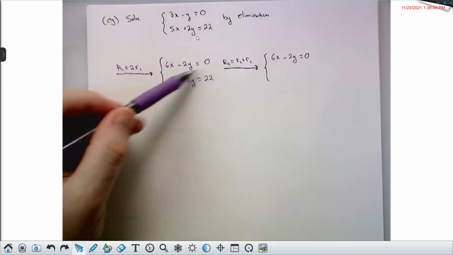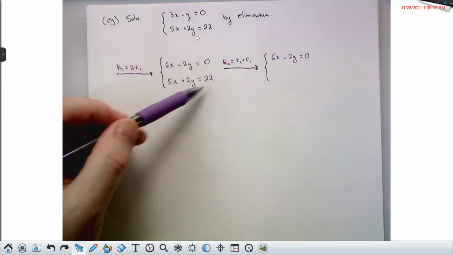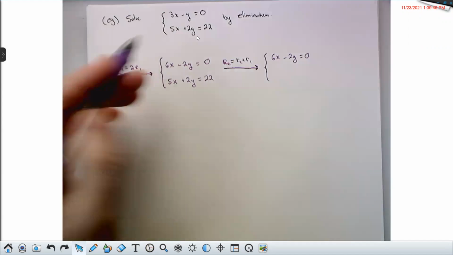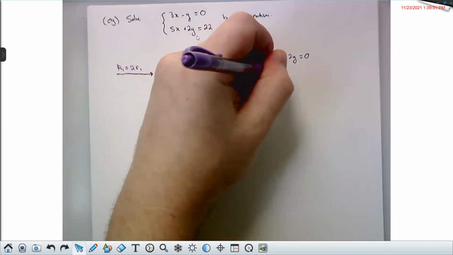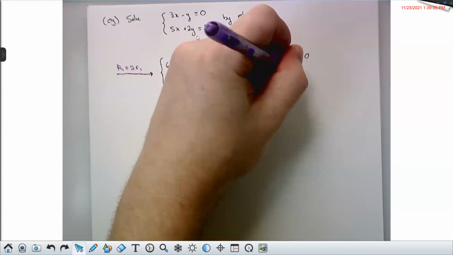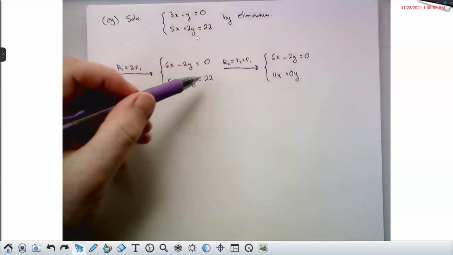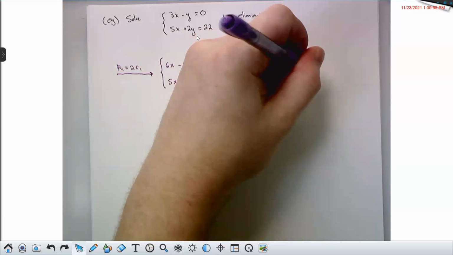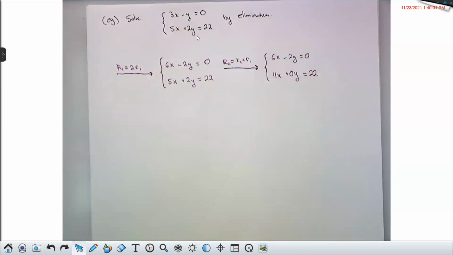And then if I add this to this, this will become 6x plus 5x is 11x. 2y plus -2y is 0y. And 22 plus 0 is 22. And now that second equation no longer has any y's.